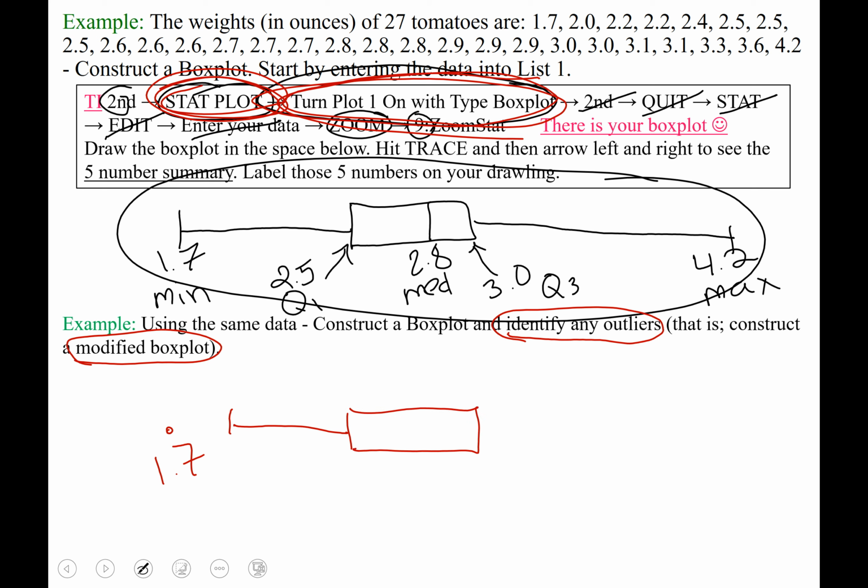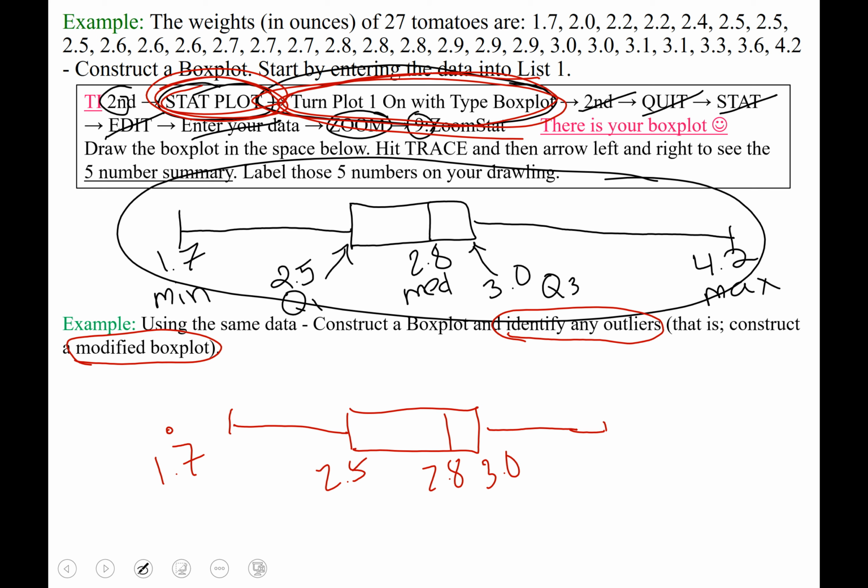Should look just like the one above, except that I notice there's my quartile 1, there's my median, there's my quartile 3. This whisker is going to be shorter, stopping at 3.6, maybe a little longer. And then we have an outlier.